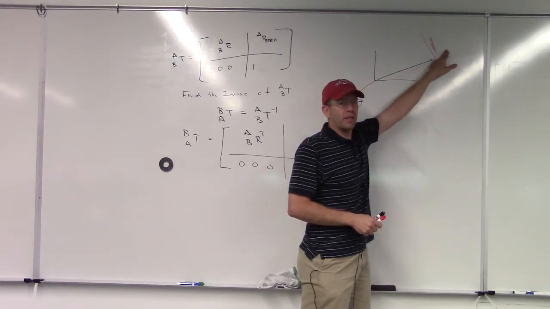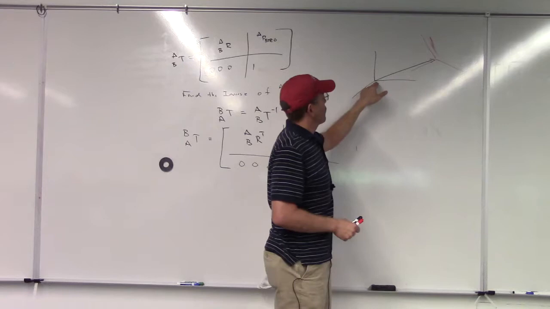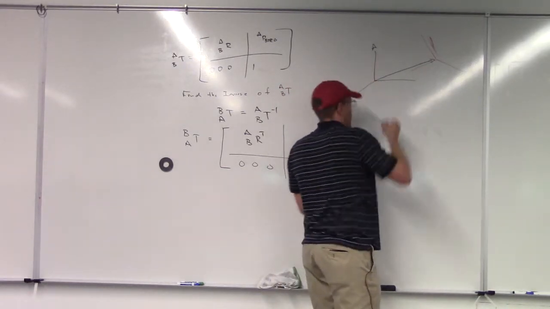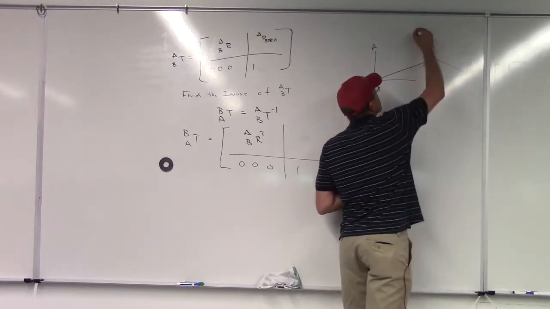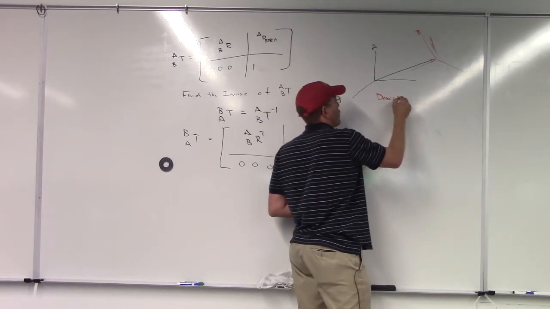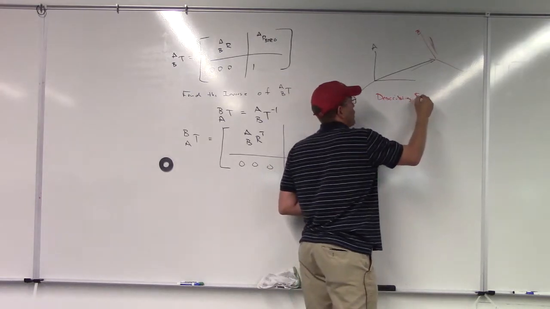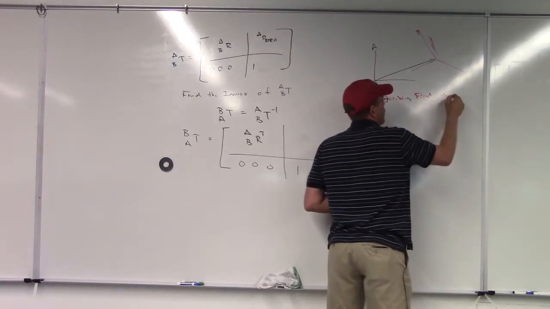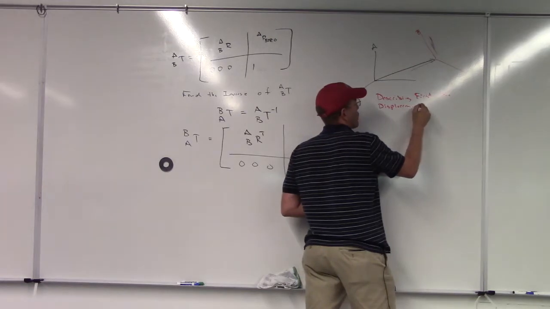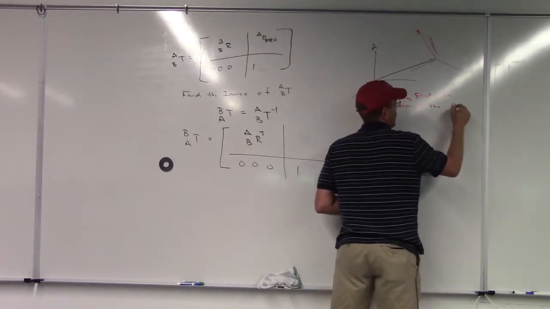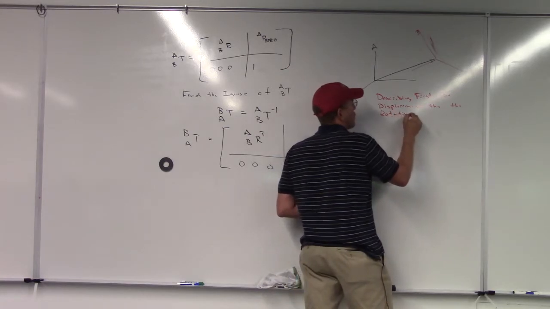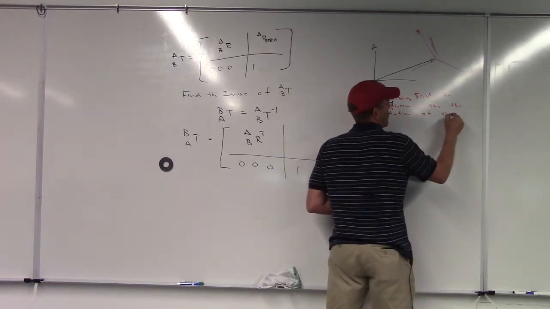That makes sense? So when we're going from frame A to frame B, this is frame A, this is frame B, we're describing first the displacement, then the rotation, of the frame.